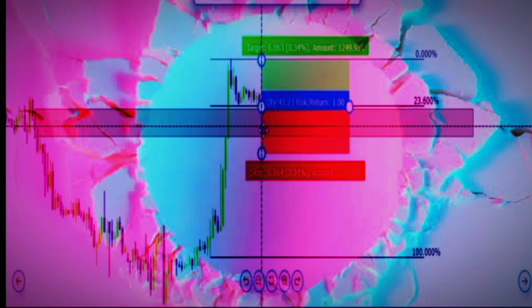Next, we wait for the price to retrace to the 0.236 Fibonacci level to initiate our buy trade. Once the price reaches the 0.236 Fibonacci level, this becomes our entry point. We set our risk-to-reward ratio at 3-to-1. As the trade progresses, the market respects the flip zone and Fibonacci level, leading to a profitable trade.